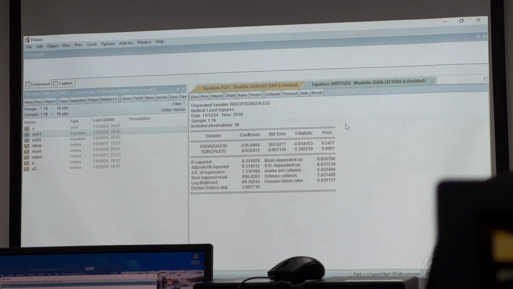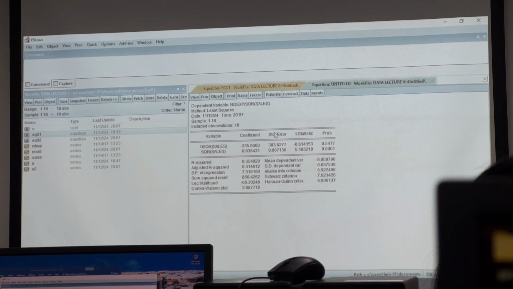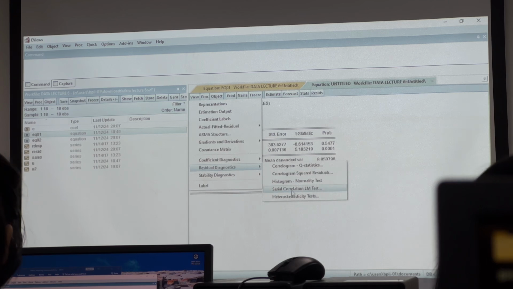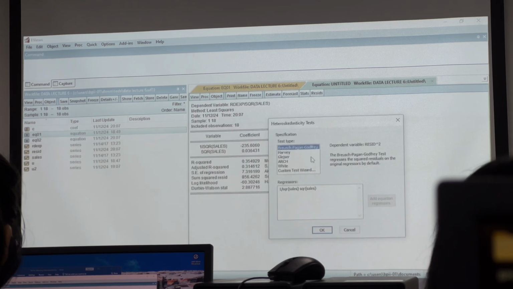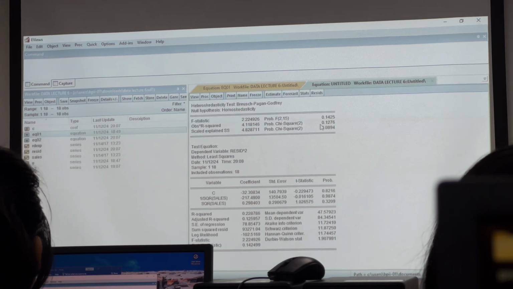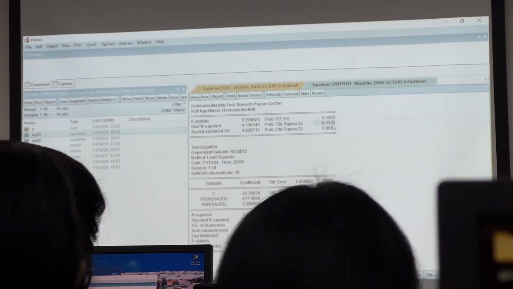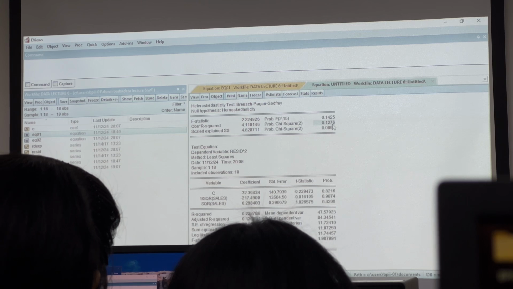But now after we transform, by assuming that the error variance is proportional to the value of sales, we divide by the square root of sales, and if you perform the test again, the p-value is now larger than 0.05. So we managed to lessen the problem.